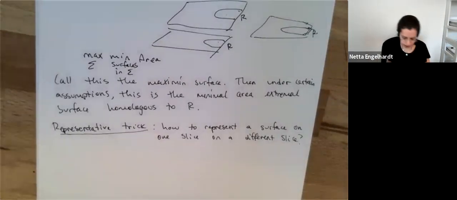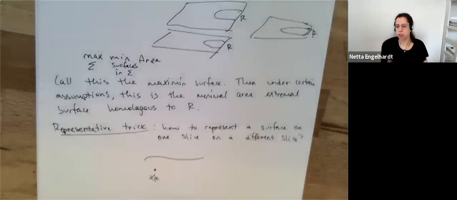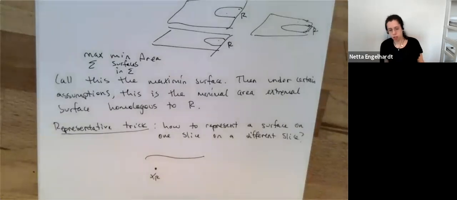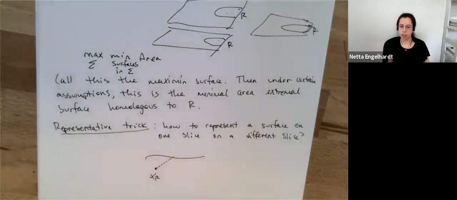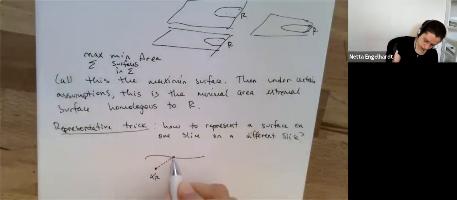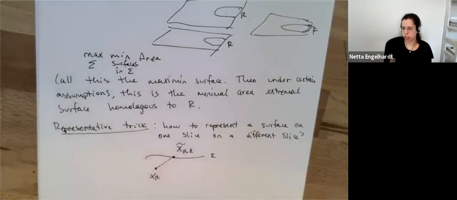The very rough idea: I have my XR over here, and this is the Cauchy slice that I want to map it to. So the idea is that you fire your light rays towards that Cauchy slice, and you consider this intersection, which we call X tilde R sigma, as the so-called representative.